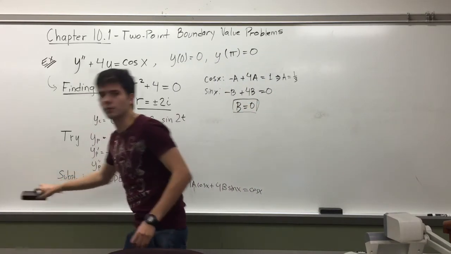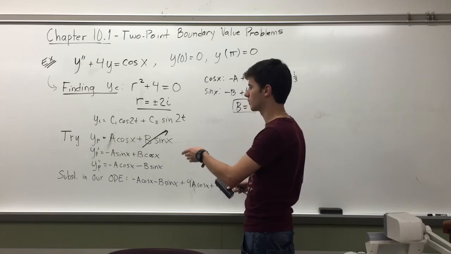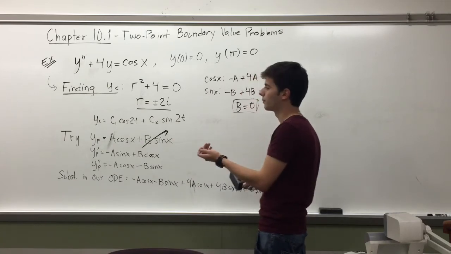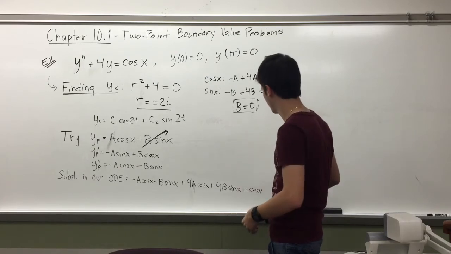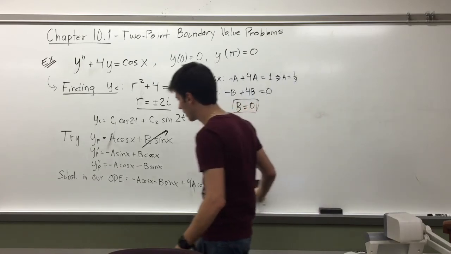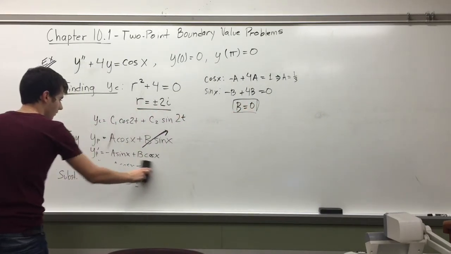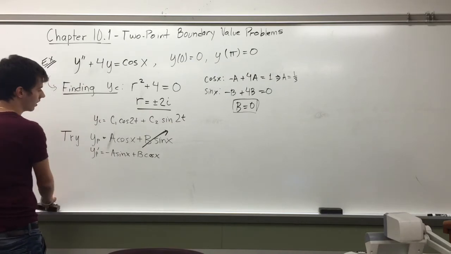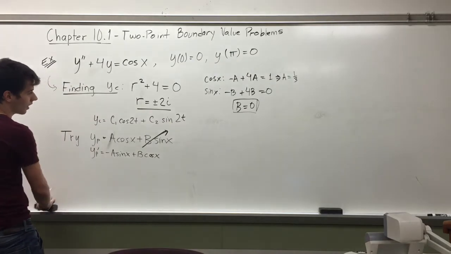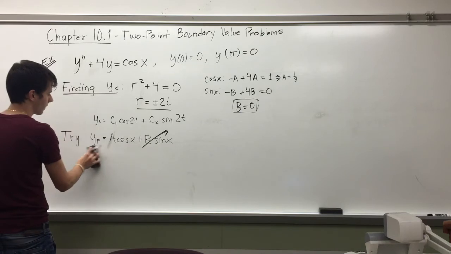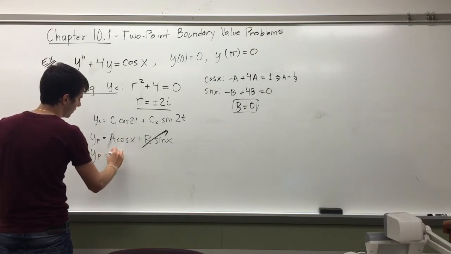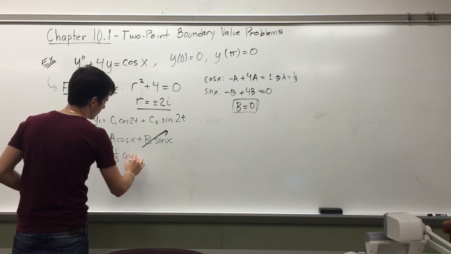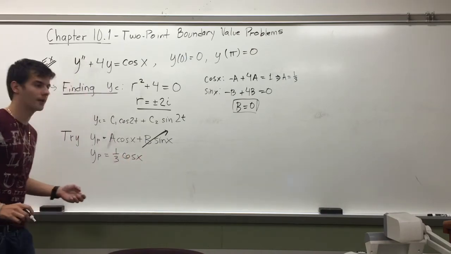So I'm going to erase what I previously wrote, so we could write our particular solution and then finally our general solution. I hope there was enough time for everyone to write down. Our particular solution is going to be 1/3 times the cosine of x. Alright?